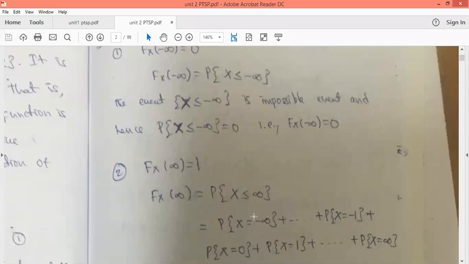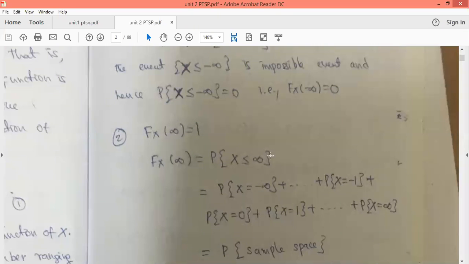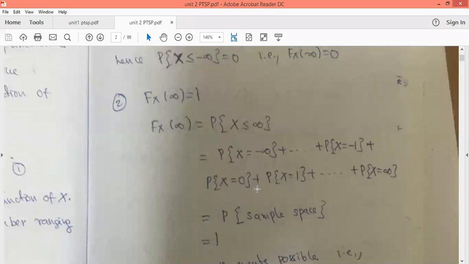Now we'll discuss the second property, that is F_X(infinity) is equal to 1. F_X(infinity) is equal to the probability of getting X less than or equal to infinity. And what is this probability? It will include all the elements in the sample space, so it is nothing but the sample space.